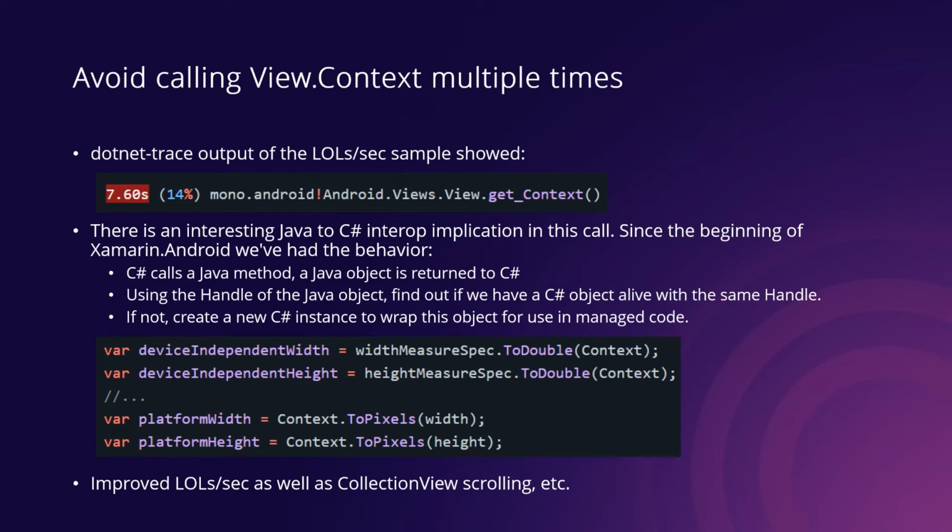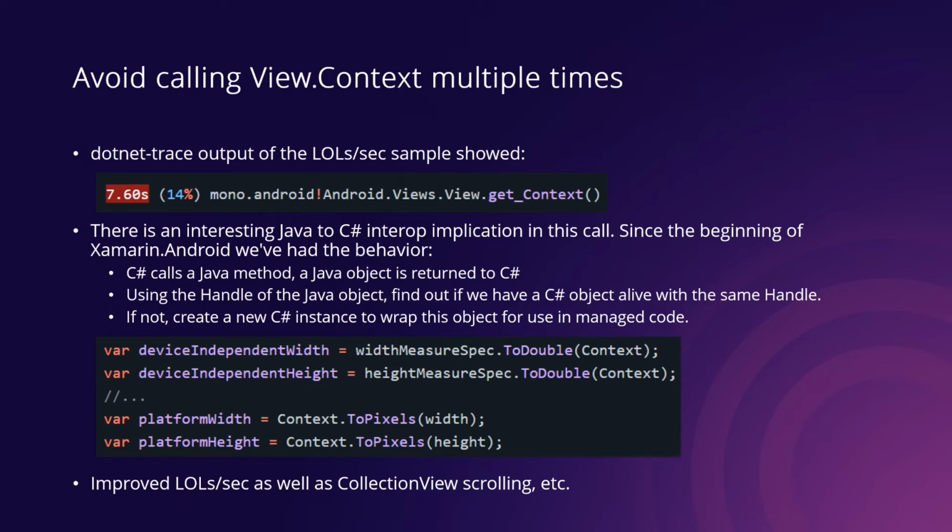So here's another change we did. This is in MAUI itself. This is another thing related to Java interop that maybe folks aren't aware of, but there's code in MAUI where it was calling the context property multiple times. This is just a code snippet, it's getting some widths and heights and calling context. Well, there's something happening behind the scenes on each call: C# calls into Java and we get a handle back, which is like a System.IntPtr.